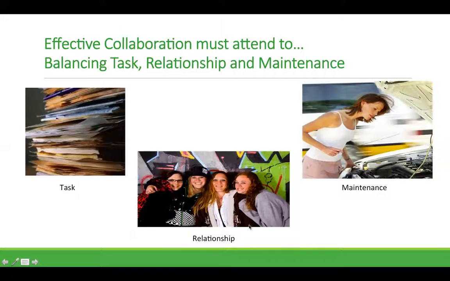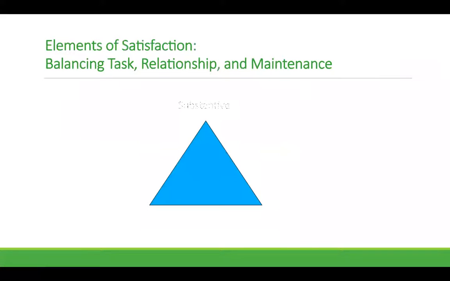And a relationship, you can't really do this work without having a relationship with the people that you're working with. And again, as we talked about that intentionality, all of that takes maintenance. You have to check in. You have to see how things are going and take stock and make corrections as needed.